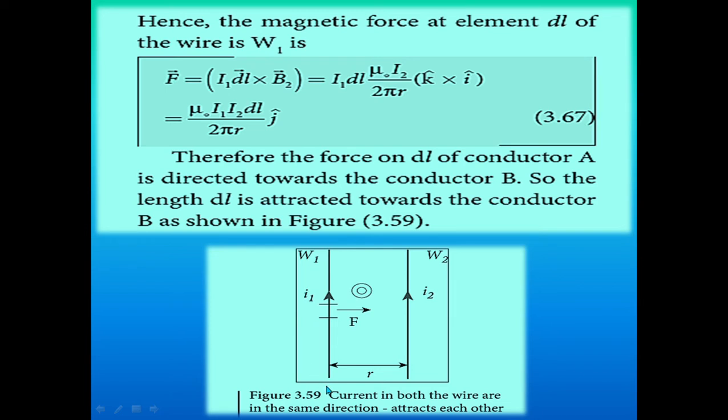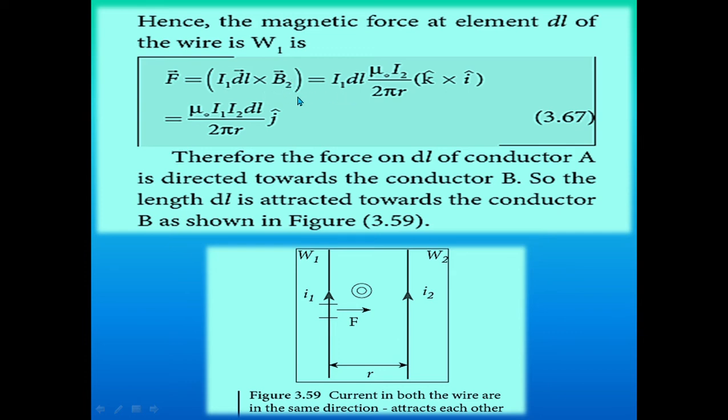When current I1 passes through the conductor A, it produces a magnetic force acting on the conductor B. That is why the magnetic field B2 is the field due to the current I1. Therefore, the equation can be written as F vector is equal to I1 dl vector cross B2 vector.